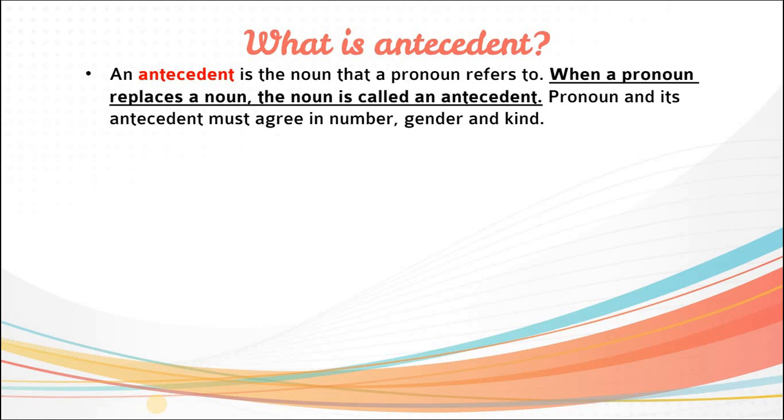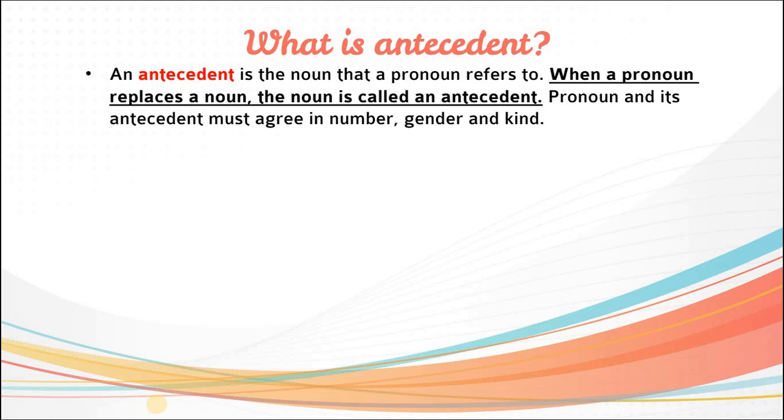And antecedent is the noun. It's a noun that a pronoun refers to. When in a sentence you use a noun and a pronoun, when a pronoun refers back to a noun, that noun is called antecedent. A noun is a word to which a pronoun refers.